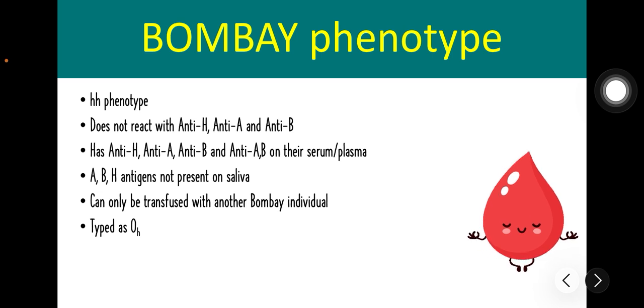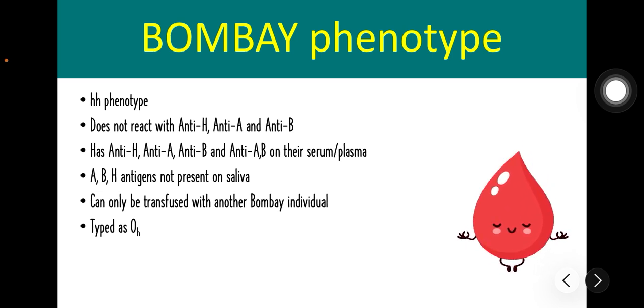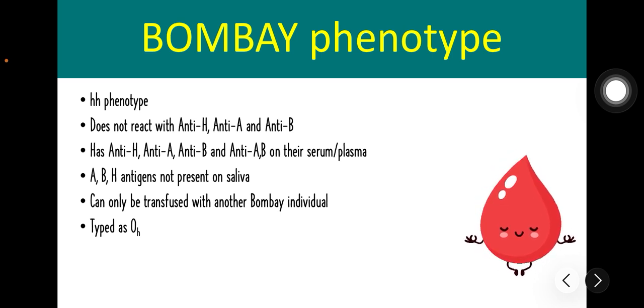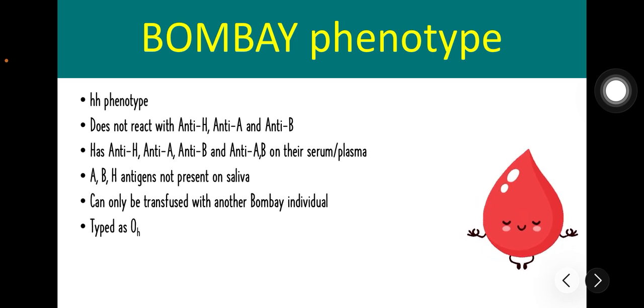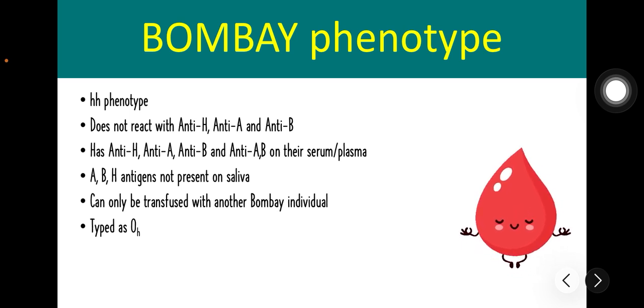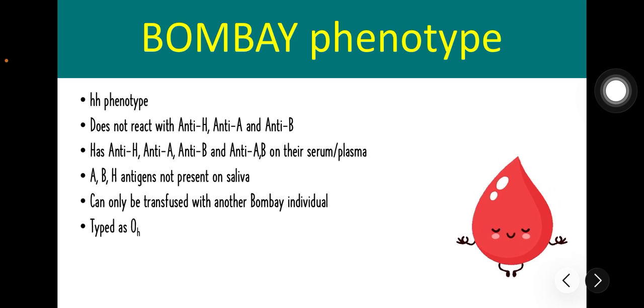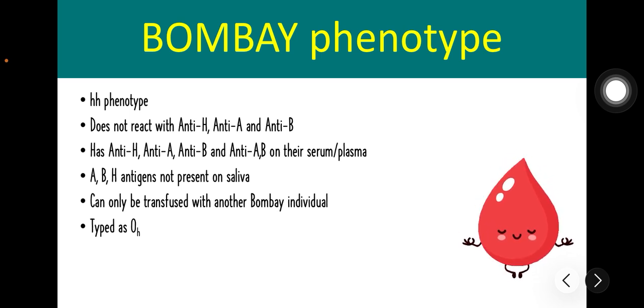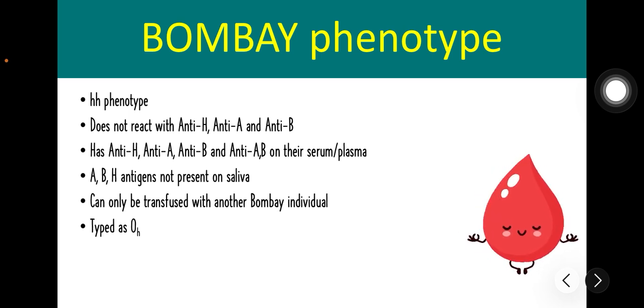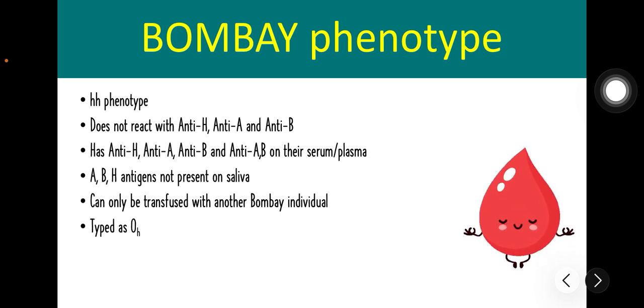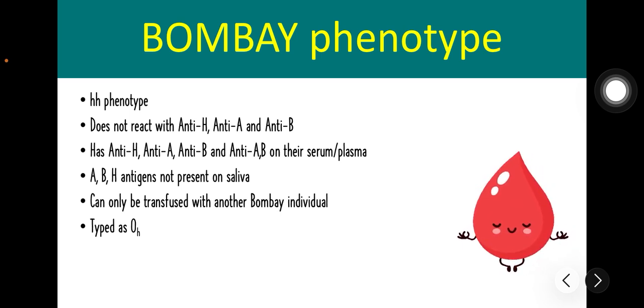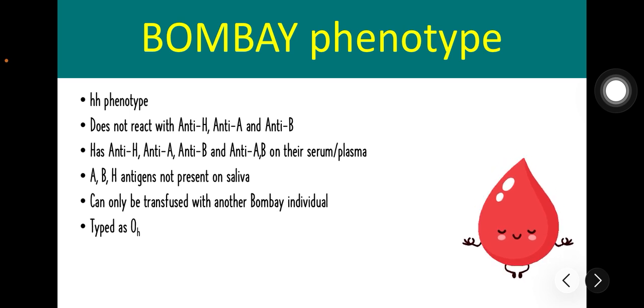So in standard laboratory testing, an individual with the Bombay phenotype will appear to be group O. Their red cells show no agglutination when tested with the anti-A or anti-B reagents because they lack the A and B antigens. Their serum contains all of the antibodies, anti-A, anti-B, and anti-AB, just like a normal group O individual.